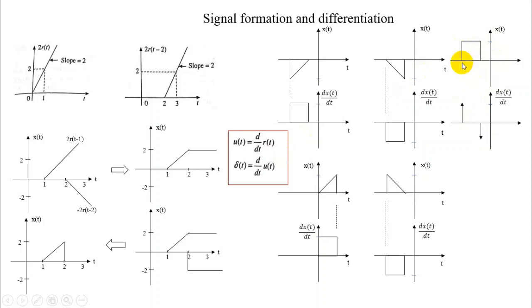However, in this case the value was rising, so the impulse would be in that fashion. Here the value is degrading, so this impulse should be written in that fashion. So I hope you understand the case.